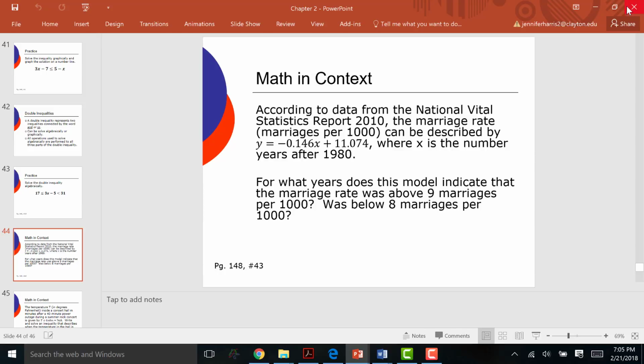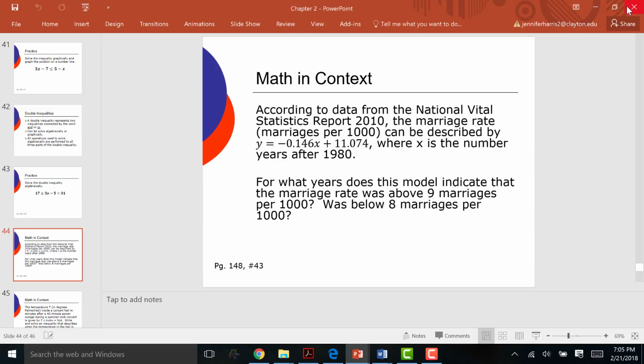And what's my answer in the calculator? 3.074 divided by 0.146 is 21.05.